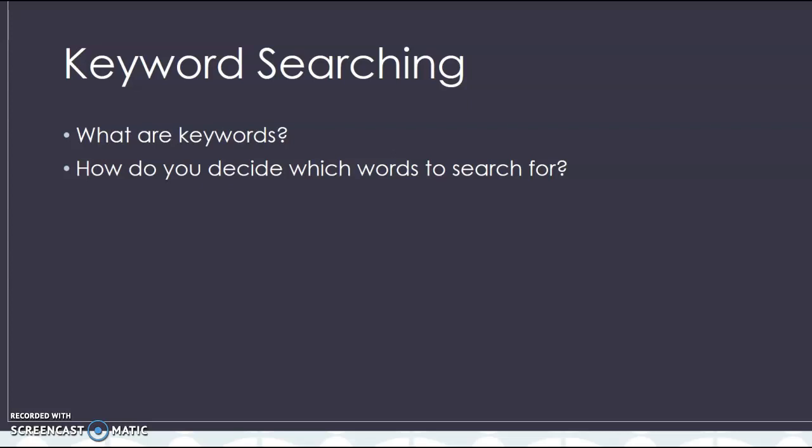The database only needs the really important words. And sometimes you have to think of other ways to say those words because they're not going to guess for you. So I would tell you to think about your topic and either write out on a piece of paper or type up in a document, however you best organize information, keywords or the main points of what you want to research.